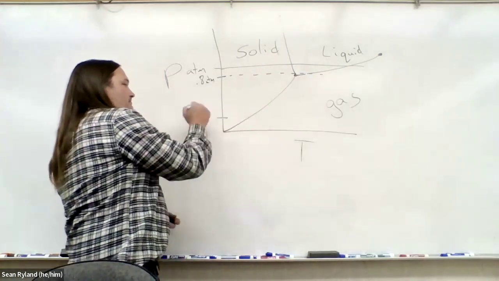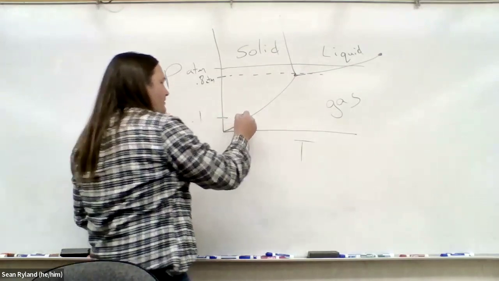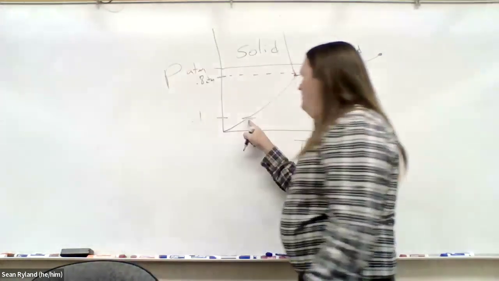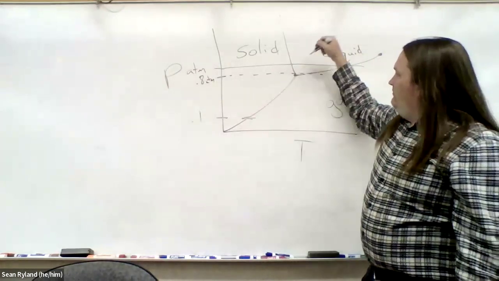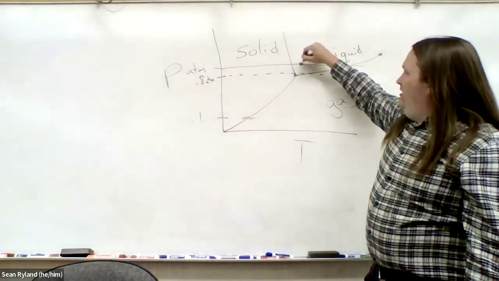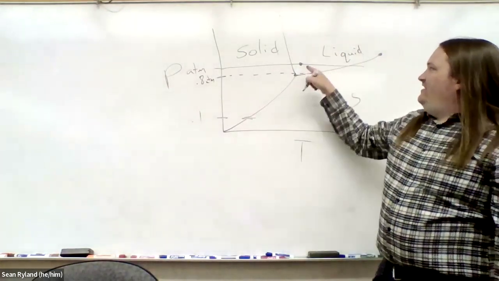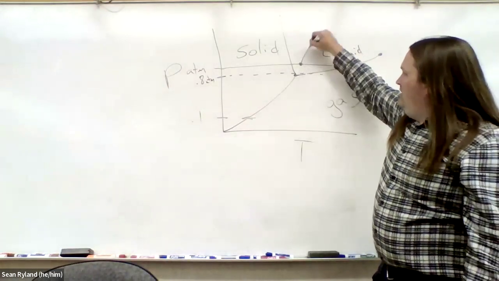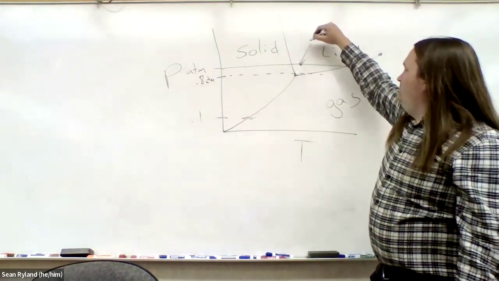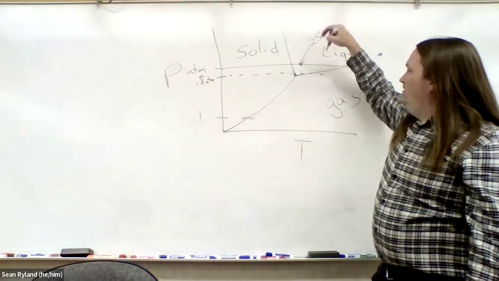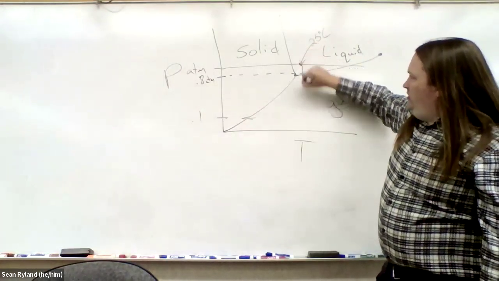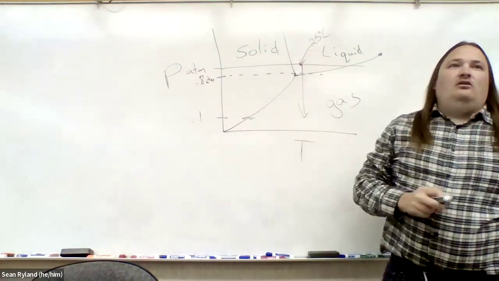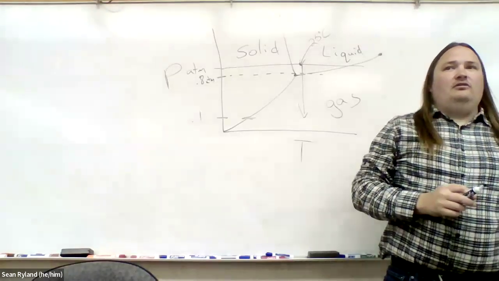If we go down to 0.1 atmospheres, then all of a sudden, let's say that we were right here. Let's say this is 1 atmosphere of pressure. Call that room temperature, 25 Celsius. If we drop the pressure, what happens to water?